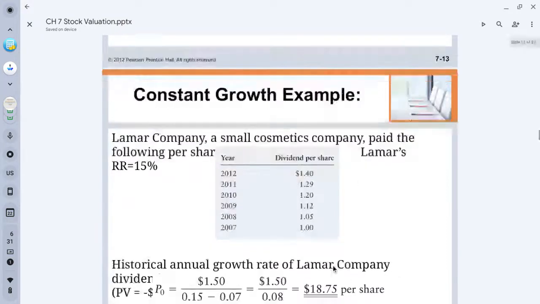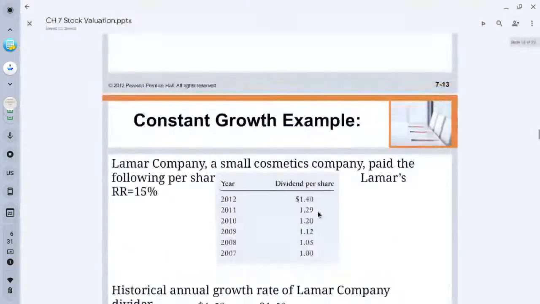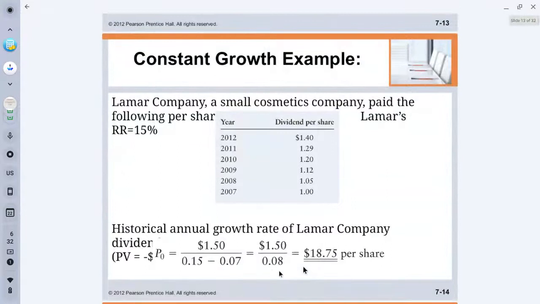We take the geometric average, and if we take the geometric average, it comes to something like 6.9 something. They rounded it, but it is something like 6 point something percent. So R minus G, and then this is the next period dividend.